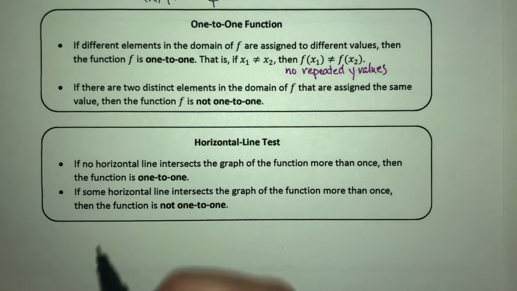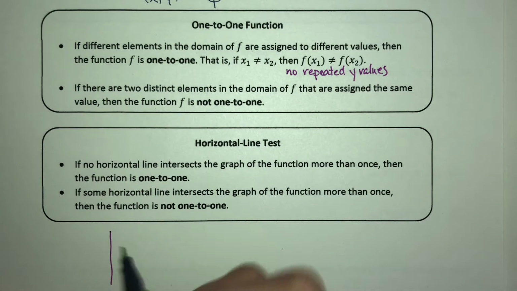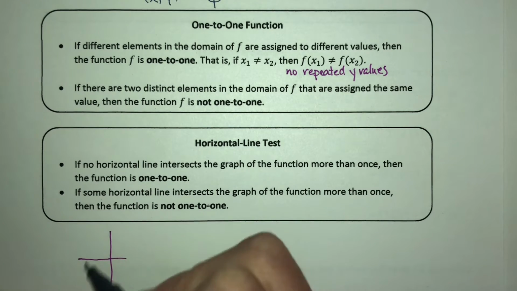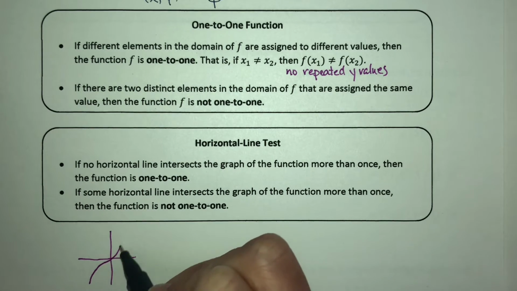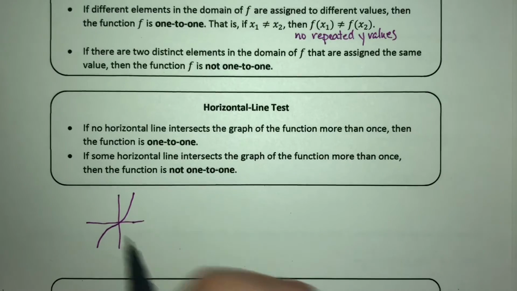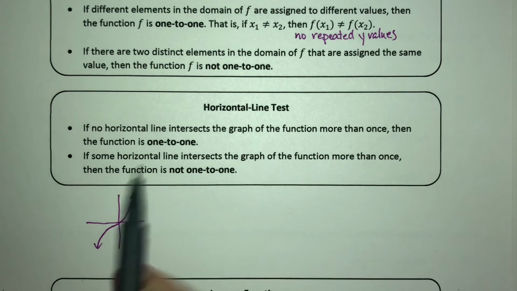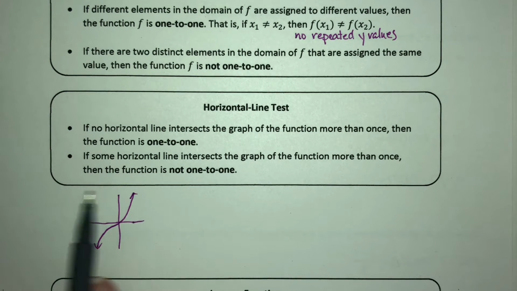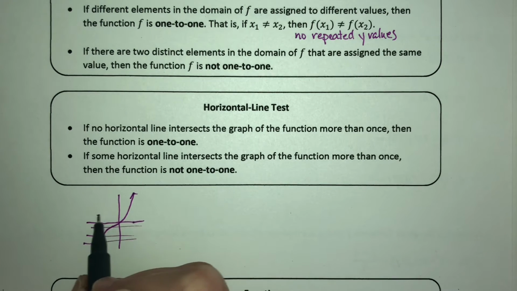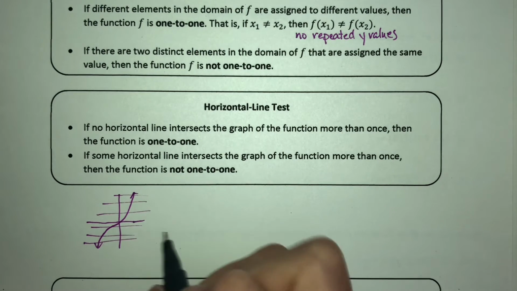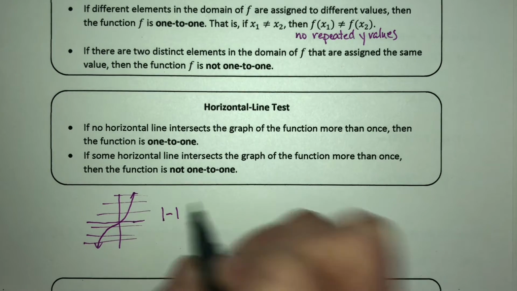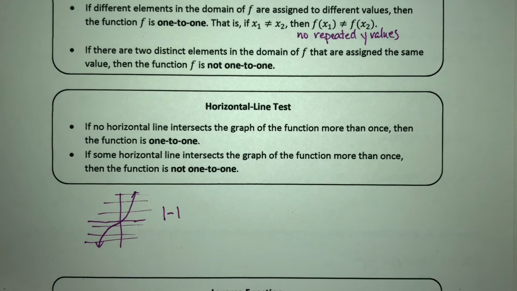So if I think about our basic cubic function shape, this is a function because a vertical line passed through it will never hit more than once. It is also one-to-one because if you imagine passing horizontal lines through it, it never hits more than once. So this is one-to-one. 1-1 is a very common abbreviation.